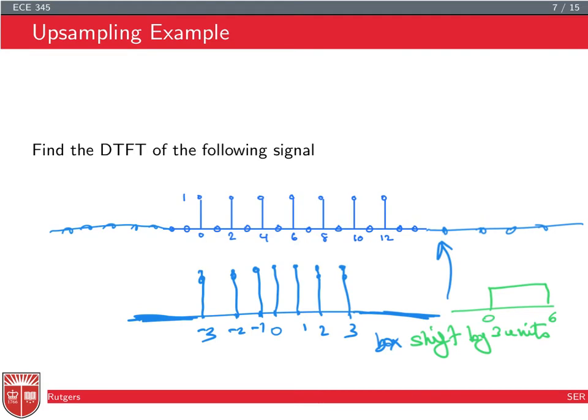And next I would upsample by a factor of 2. I will explain these steps in detail in the coming slides, but the first thing to keep in mind here is that this signal that I care about can be obtained by a few operations done on the box signal, or the rectangular signal.